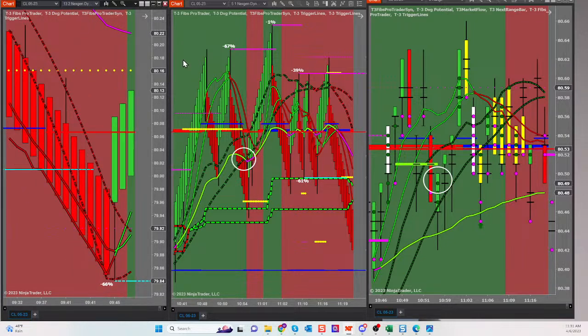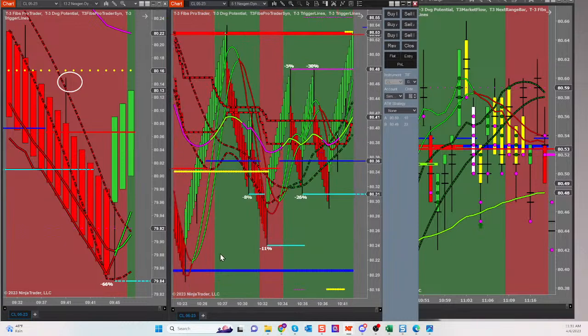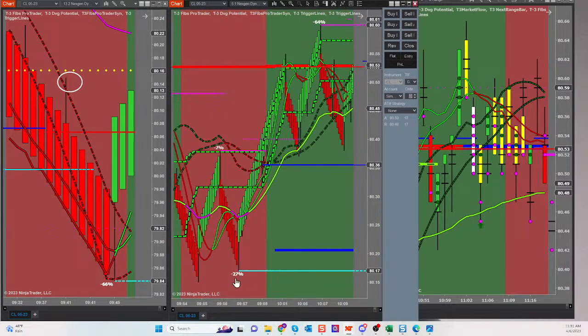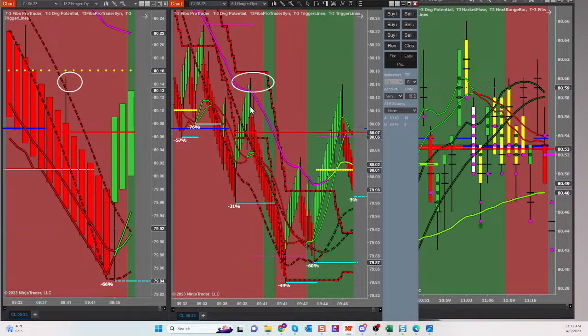Let's look at this one right here. I'm sorry. At 9:41, I had a 50-50 trade. On this 50-50 trade, I identified the area where the market was likely to continue.